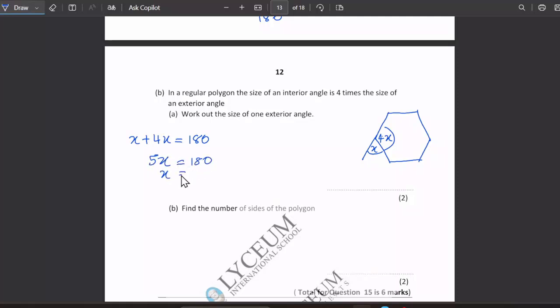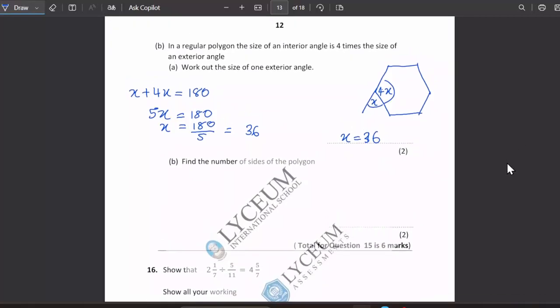So x equals 180 divided by 5. 18 has three fives. So then 15, 30, and 36. Okay. So x equals 36. So that's the exterior angle value. Find the number of sides of the polygon.